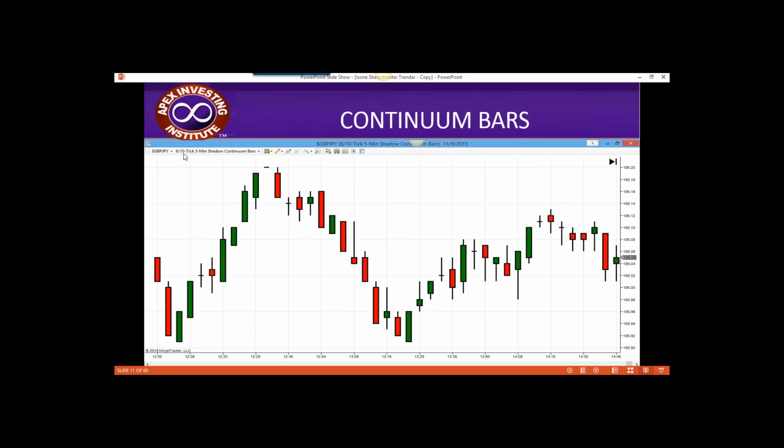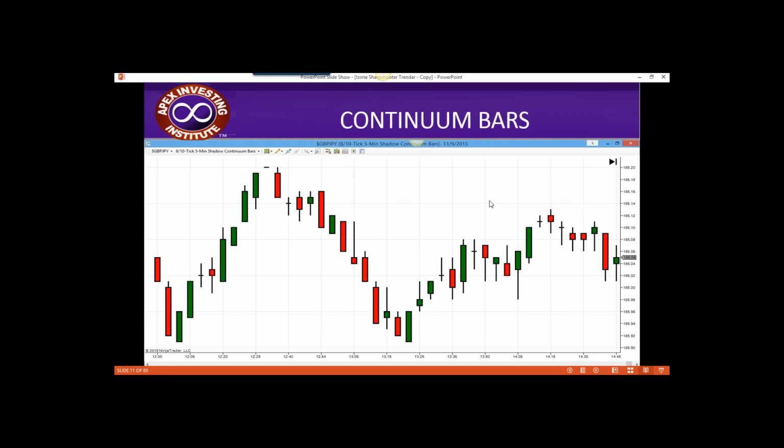Darby asks, why are some so much shorter? Like I just said, if it doesn't make an 8 or 10 tick move to make a new bar within 5 minutes, then a new bar is made. So that's why some of them aren't a full 8 or 10 ticks, because they didn't quite move a full 8 ticks within 5 minutes. Yes, Steve, that is modifiable.